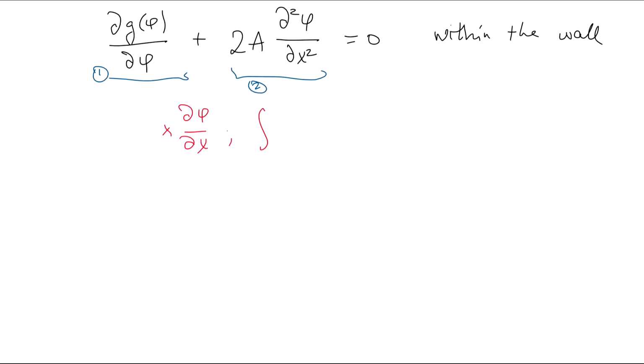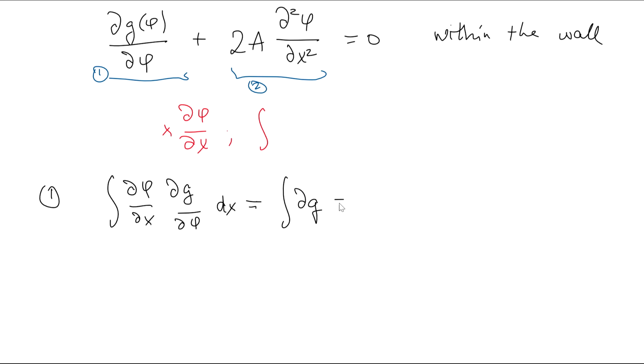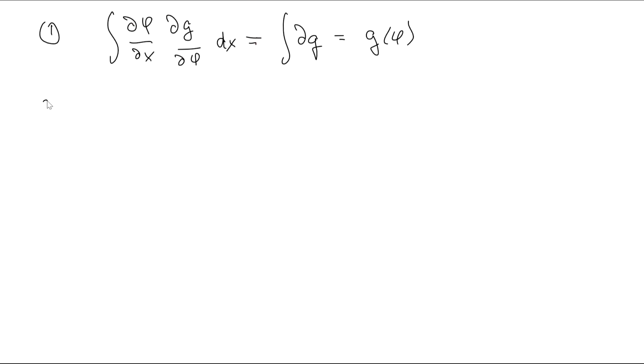So term number 1 would be the integral of dφ/dx, which we multiplied by dg/dφ, integrated across the domain wall boundary. That would be the integral of dg. That is our g as a function of φ. Pretty straightforward.